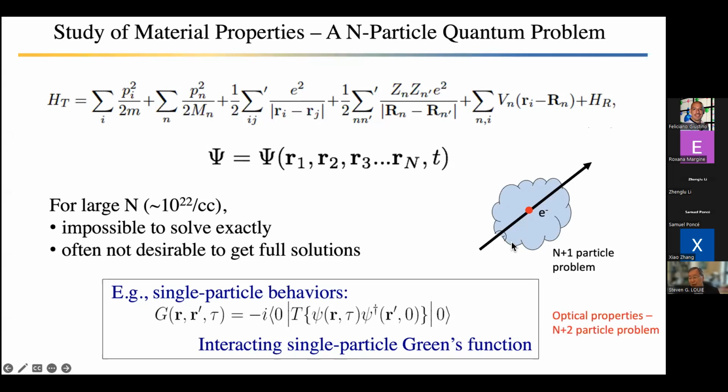And if you're interested in optical properties, then one would be looking at an n+2 particle problem, because when a photon is absorbed, you create an electron and a hole.